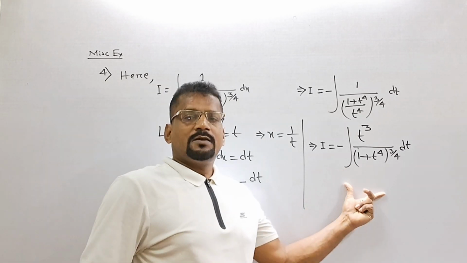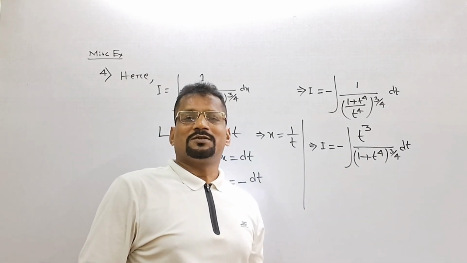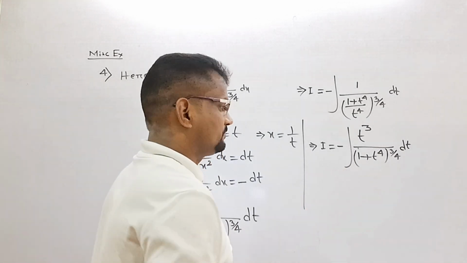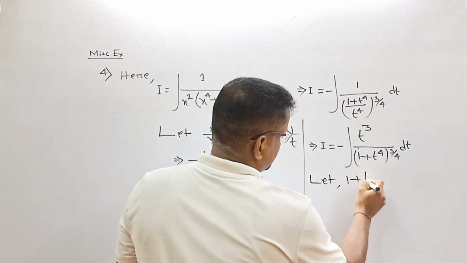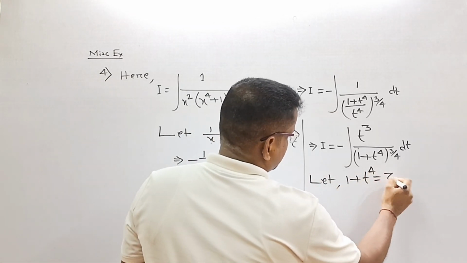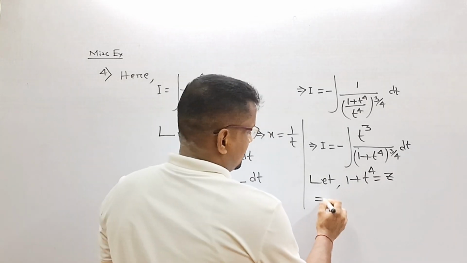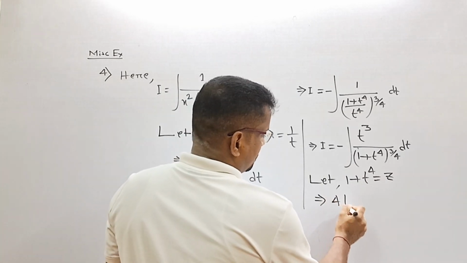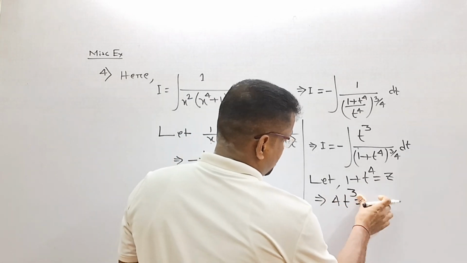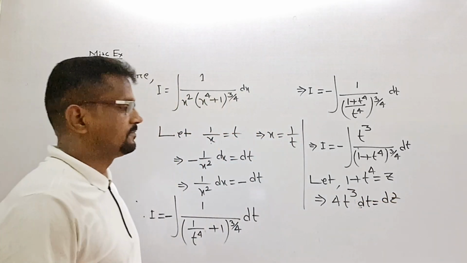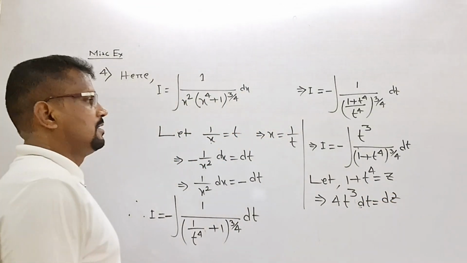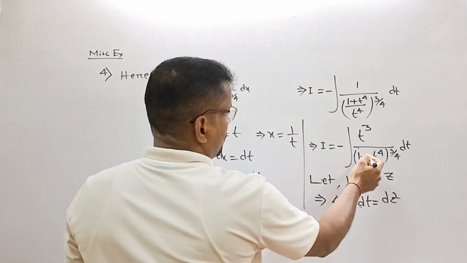After this almost we have done. Again we have to go for substitution. Let 1 plus t to the power 4 equal z. Then differentiating, we get 4t cube dt equals dz. Now put the value here.